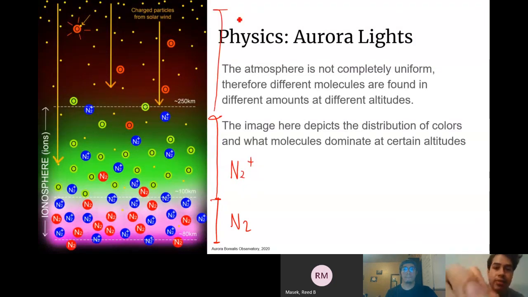And above that, we see the oxygen particles. The color of the auroras all depends on where they are located or what the density of these molecules in the atmosphere is. And this is controlled by several meteorological factors, such as the atmospheric pressure or solar winds.